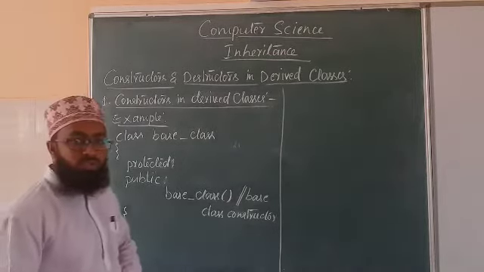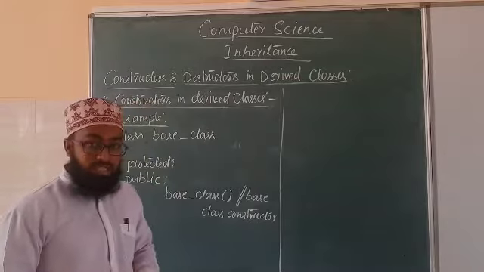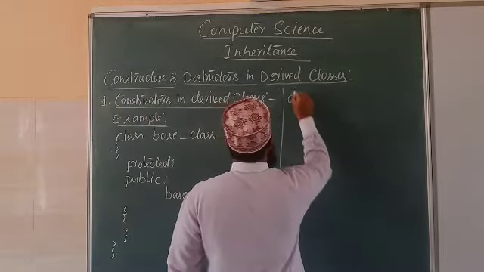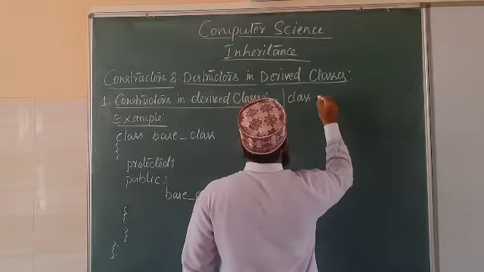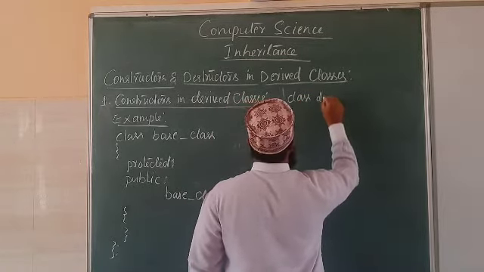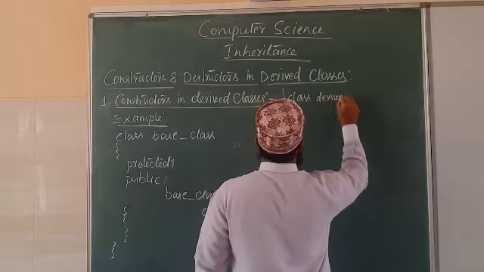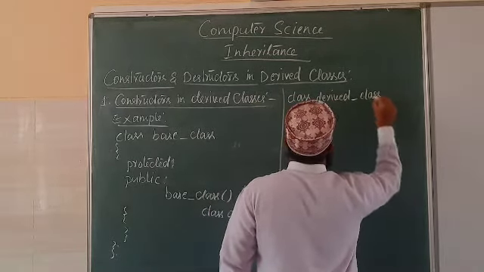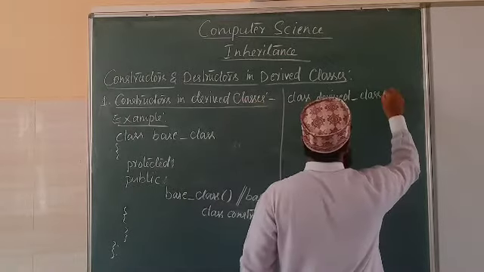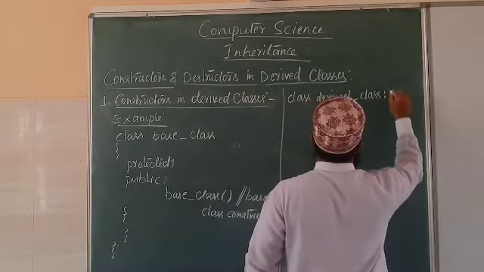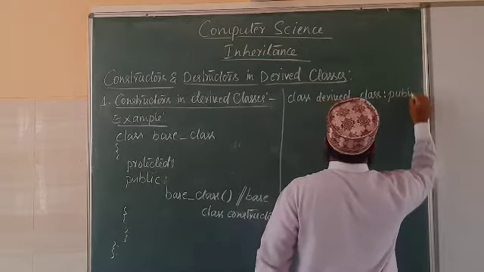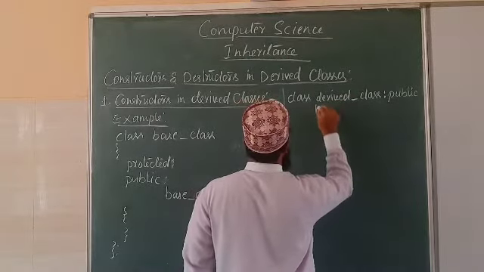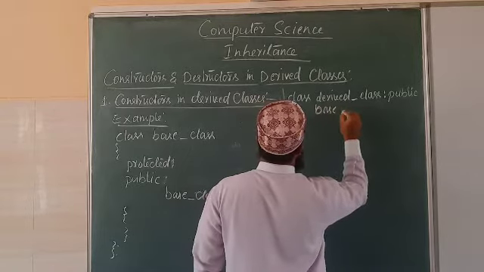Now we have to give the constructor in derived class. Now take a class, give the class name as derived class. After this what we have to do? We have to put colon, then take public base class.